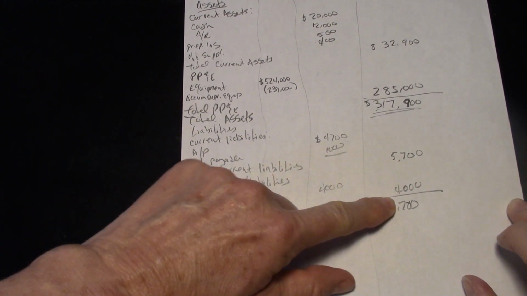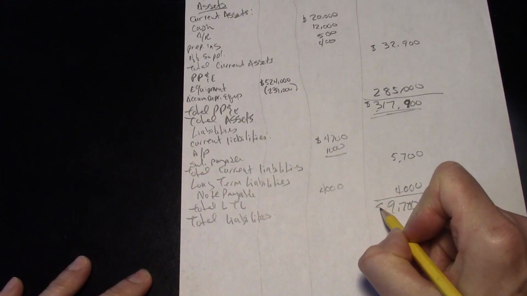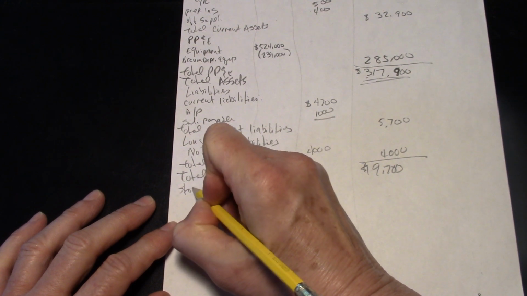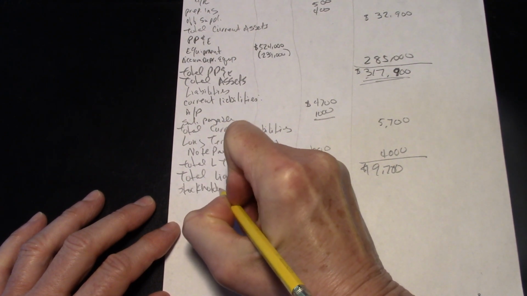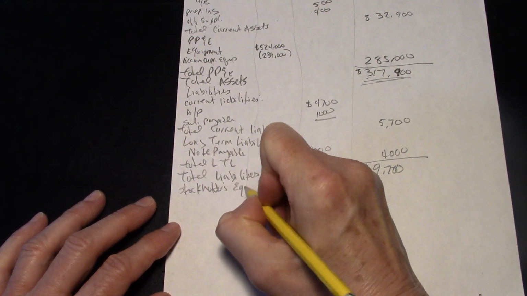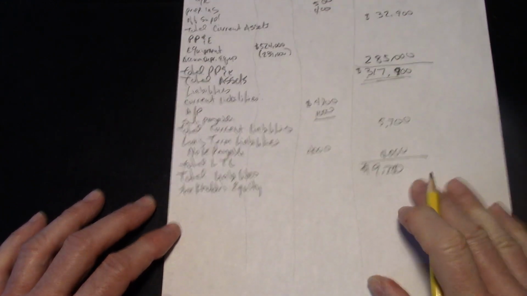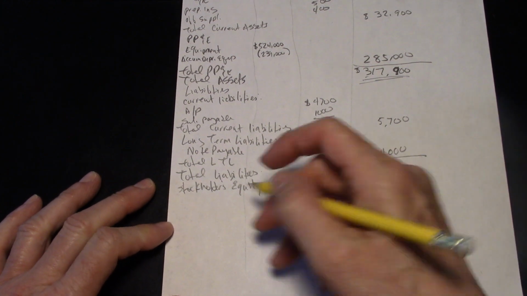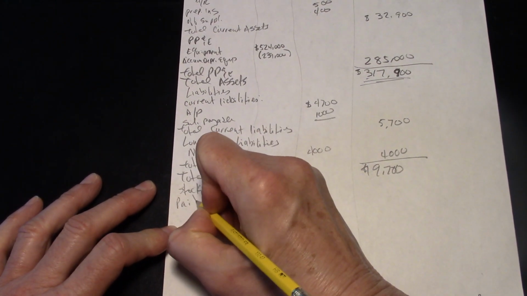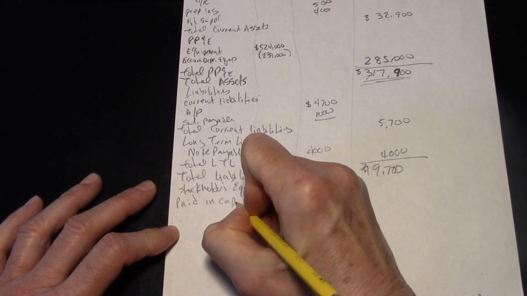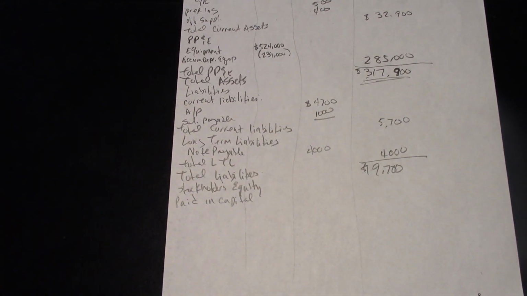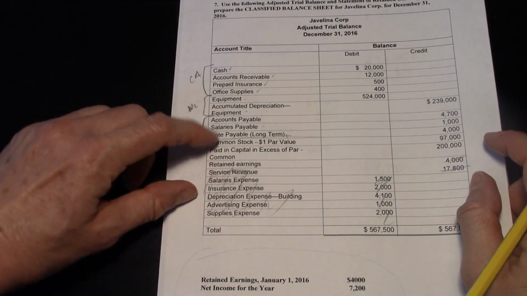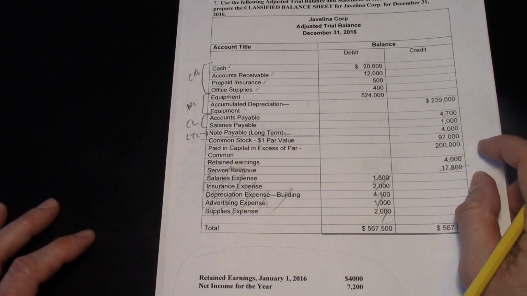All right, so total liabilities 9,700. Next we're moving on to the stockholders' equity portion. Of course we have the two parts, paid-in capital and retained earnings. So let's start with paid-in capital. It looks like we just have common stock and paid-in capital in excess of par common.